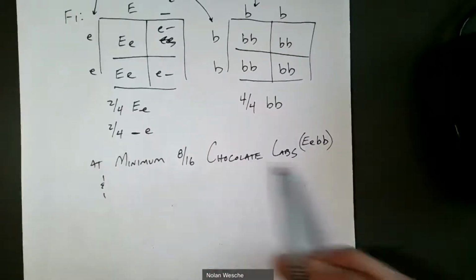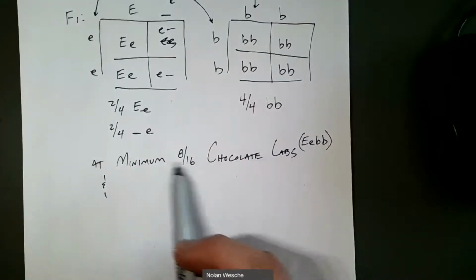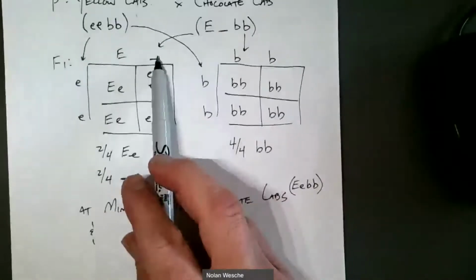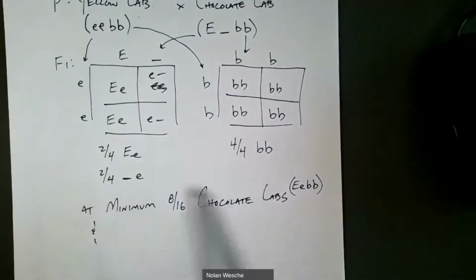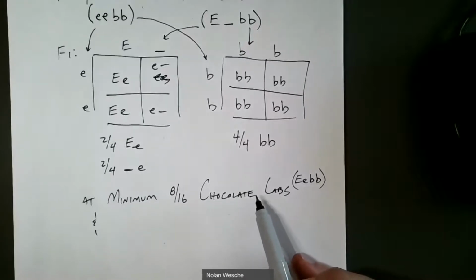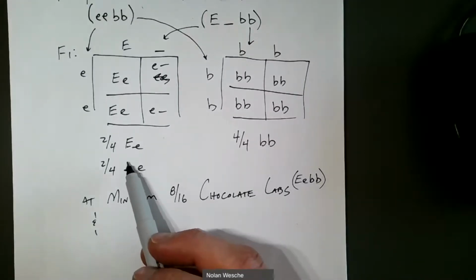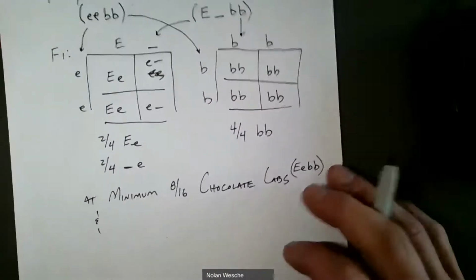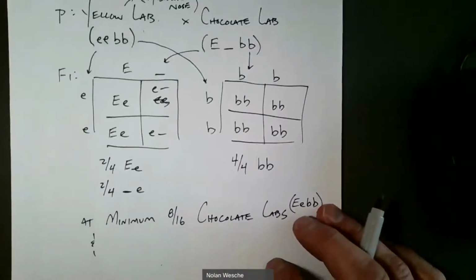So we would know, looking at our offspring, if we get any yellow labs, we would know immediately that this would have to be a lowercase e here. And then we would expect a 50-50 ratio. If we didn't get any yellow labs, that would make us start thinking that it's likely that this is a big E as well. So we could do some investigative work and make some conclusions based on the results of our puppies.